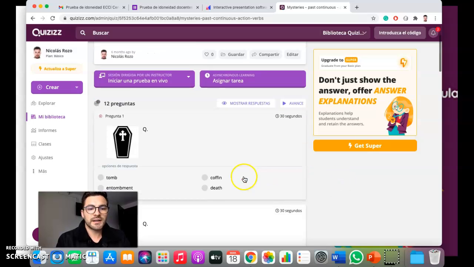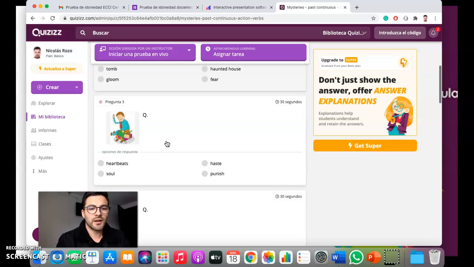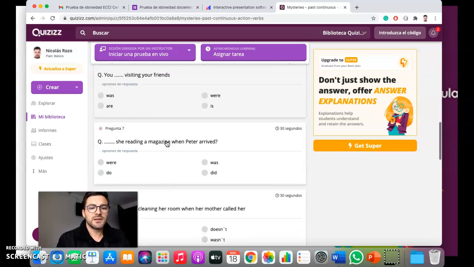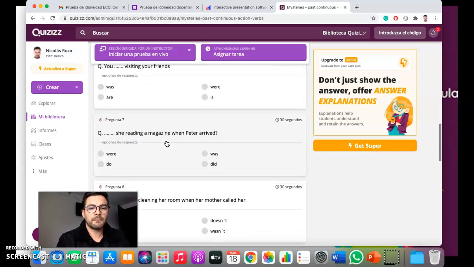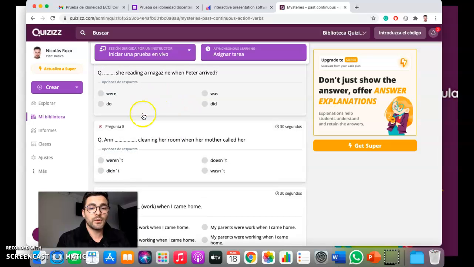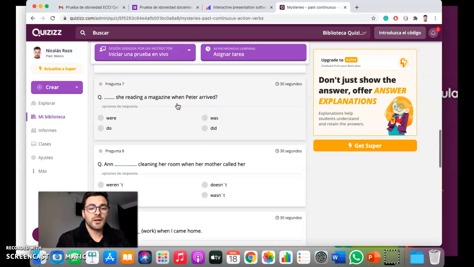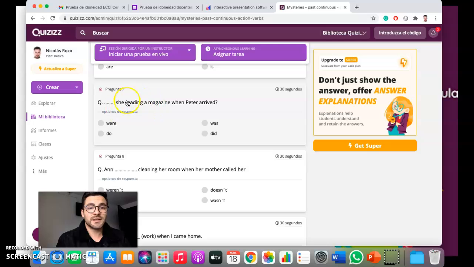And here we practice mysteries vocabulary. And we talk about past continuous. We use past continuous. Remember that this grammar structure we studied in previous classes.